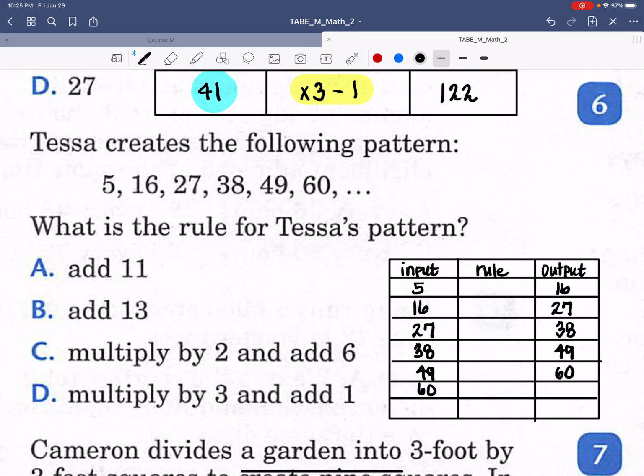We don't know the output, though, for 60 because the space after the 60 is blank. It has the dots, the ellipses. So the question here is, what is the rule? We need to figure out what goes right there. How is Tessa getting from the input to the output?